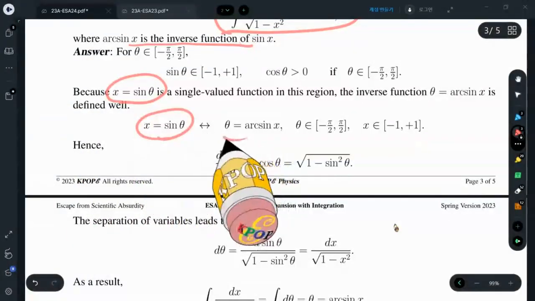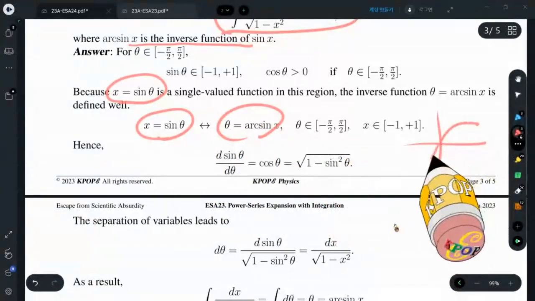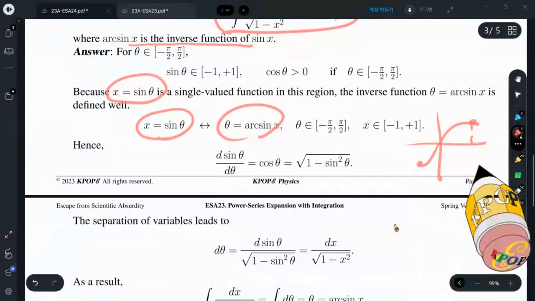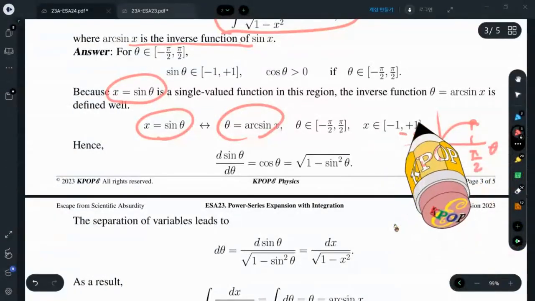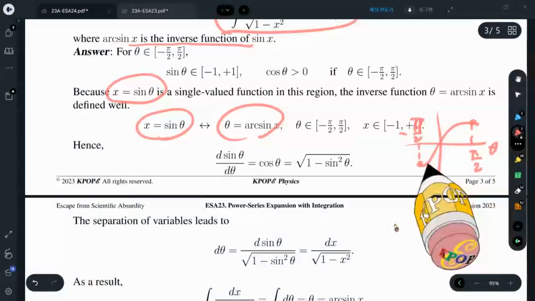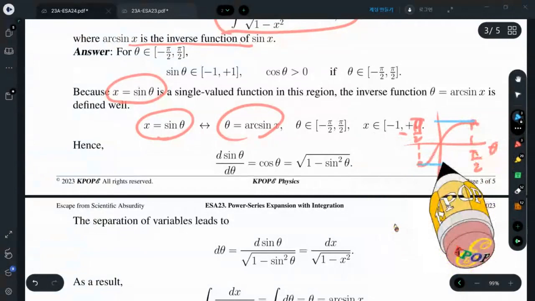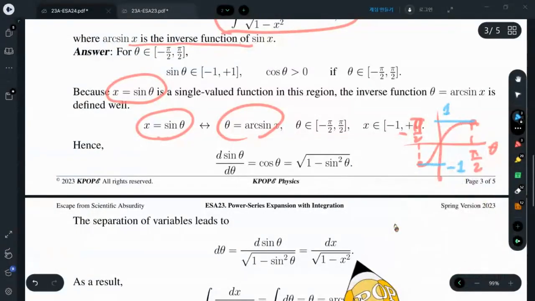And the inverse function is defined in the region where there is a 1-to-1 relation with theta from minus 1/2 pi to 1/2 pi. This value of x is from minus 1 to 1.